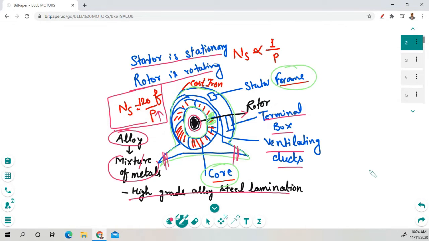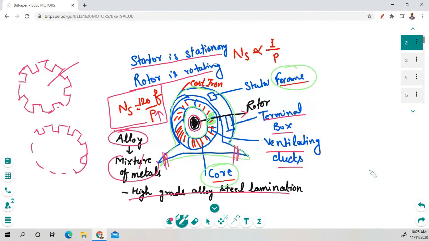So how do we reduce this eddy current loss and hysteresis loss? We have to connect these plates like this. If we cut a number of plates and join them with the help of some insulation, then we can reduce the hysteresis and eddy current losses. To reduce the eddy current loss and the hysteresis loss, they are connected with some insulation. Okay, understood?